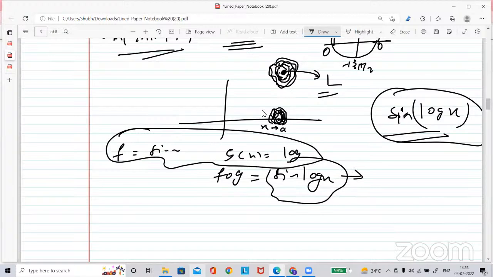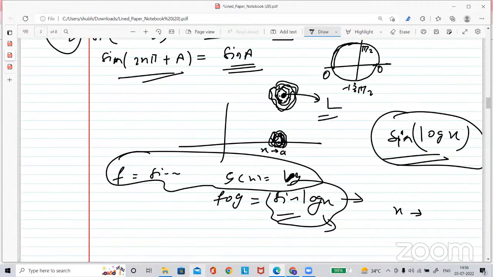Guessing what the limit is going to be can be difficult if you are approaching some fixed point. So first find the exact function and then talk about the limit of it.